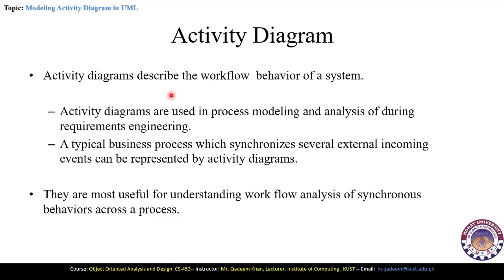Now, activity diagrams are used in process modeling. It means that when we want to model a certain process, then we can use the activity diagram to represent that particular software process. They are also used to analyze the requirement engineering process.